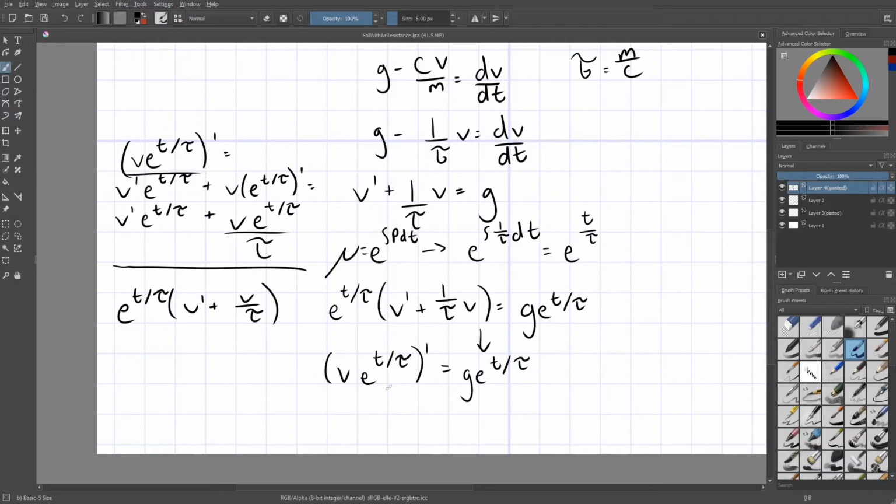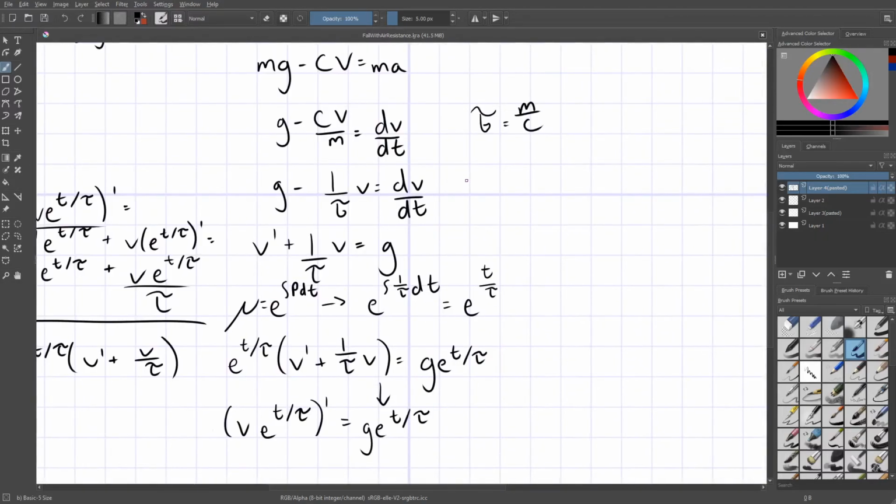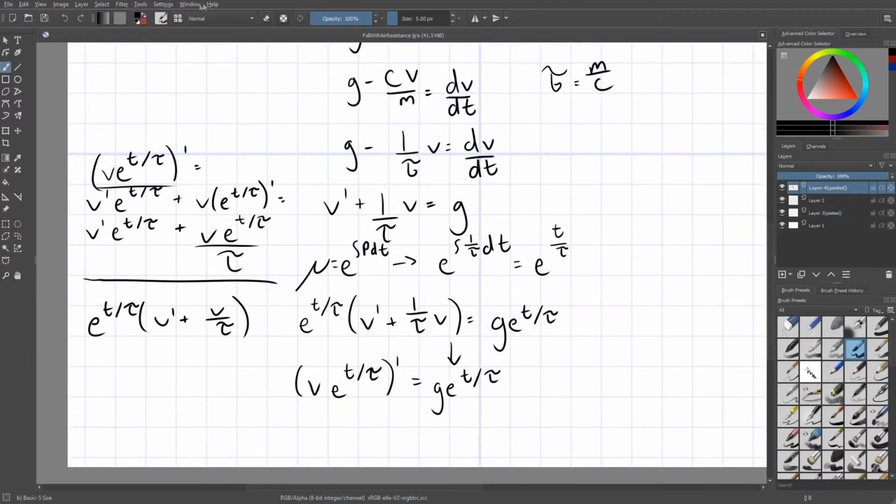This is a common technique in differential equations: find an integrating factor mu, then multiply both sides by mu, and then rewrite it like this so that we can separate and solve the differential equation. But it never hurts to show why that works.